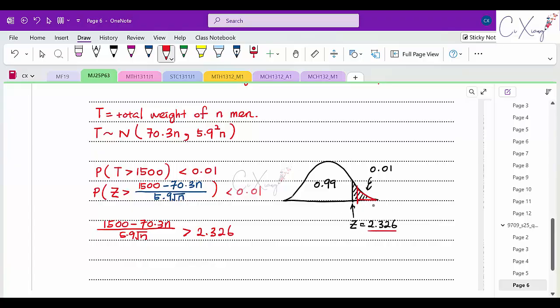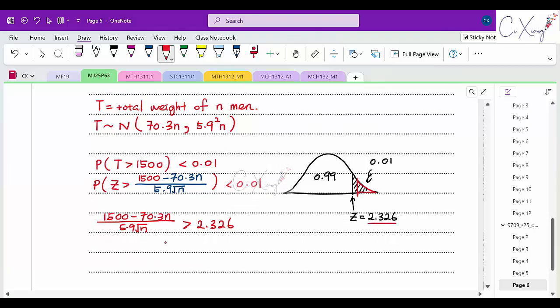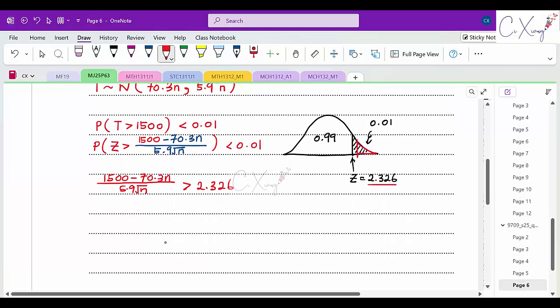Okay, when the value is larger, the area formed will be smaller. When the value of z equals 2.326, the area is exactly 0.01. But now we're looking for smaller than 0.01. Therefore, the value should be more than 2.326. Then from here, I rephrase everything slowly, and I want to get the quadratic inequality.